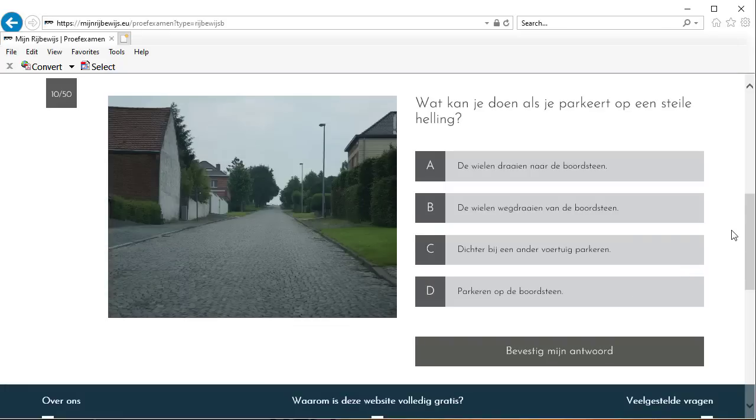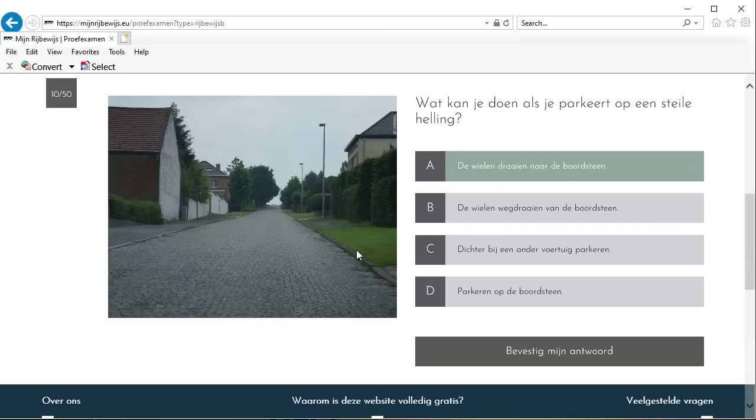What will you do if you park on an elevation, on an uphill road, and not a downhill road? Your options are: A, turn the wheels towards the curbstone, the curbstone that you see here.